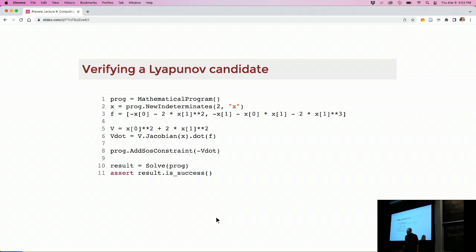I was going to ask, how does add sums of squares constraint know what dimension of basis to use, or is it just an optional parameter or something? The question was, how does this know what m should be, what the basis should be? There's a simple answer, which is not what it does, which is you just take the degrees of all the variables and make half of the degree.